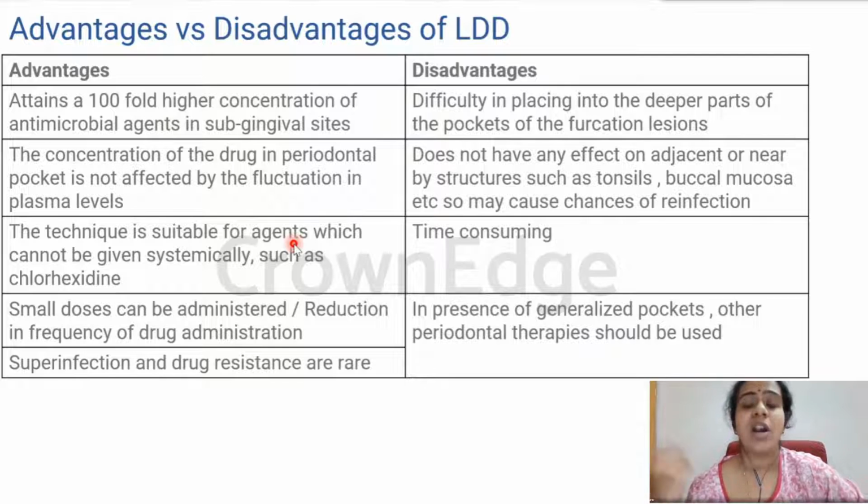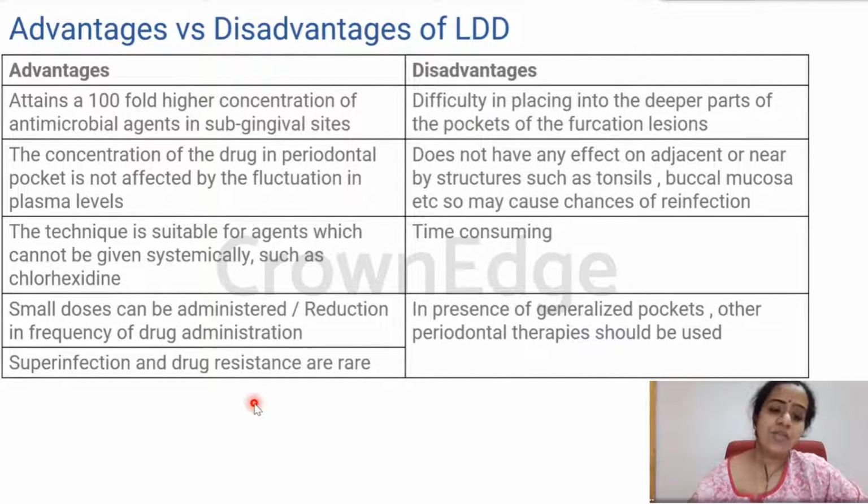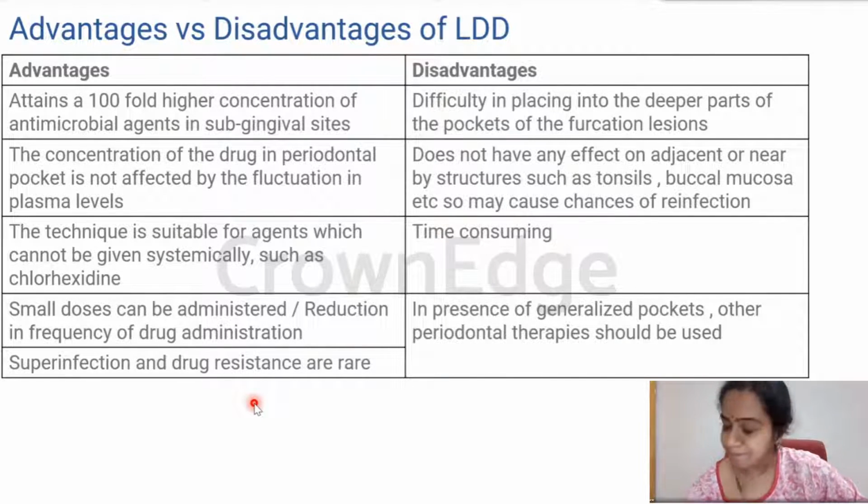If I have to administer the same drug systemically, it has to go through first pass metabolism, get transformed to its active metabolite and start working, and only a percentage of the complete drug will start working. All this is completely nullified when I'm giving LDD. The second thing is there are very rare cases of superinfection and drug resistance.